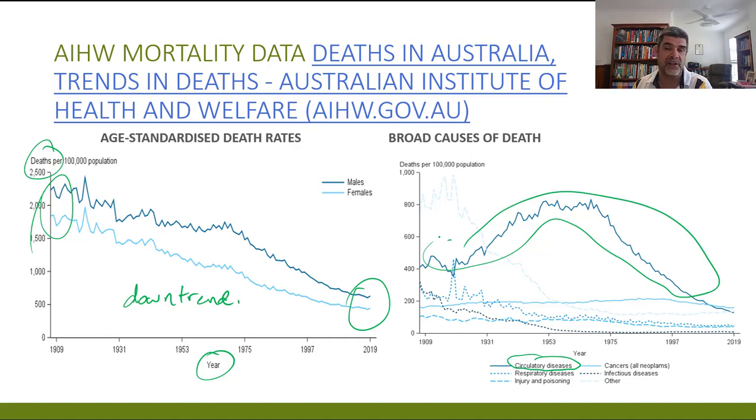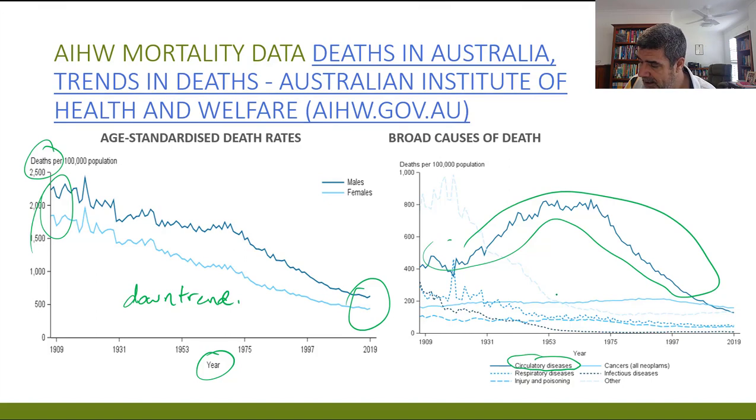And that can include things like atherosclerosis, hardening of the arteries or plaque in the arteries, as well as myocardial infarctions, heart attacks, and strokes. And so it's when you start to pick apart some of these individual figures that you start to see some patterns emerging that you might want to explain.